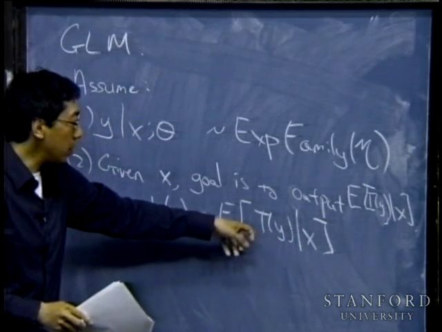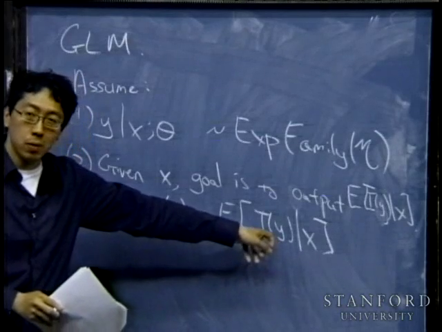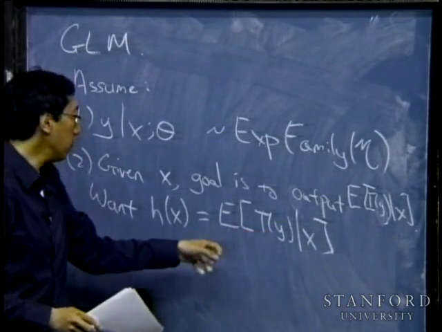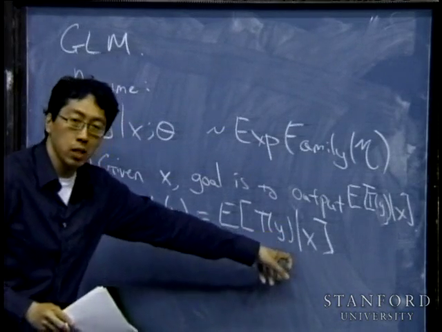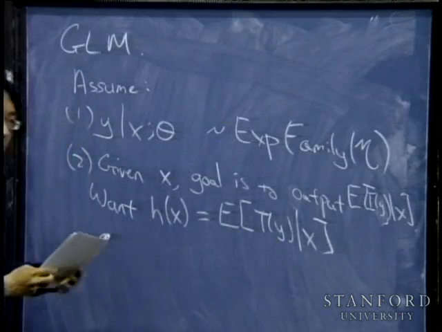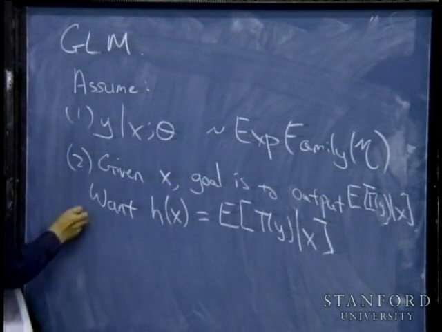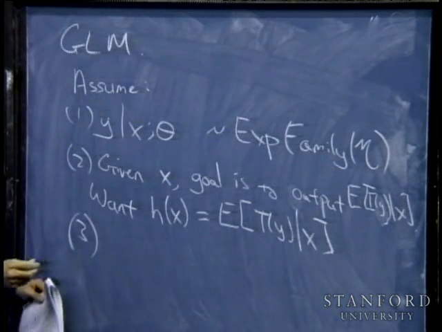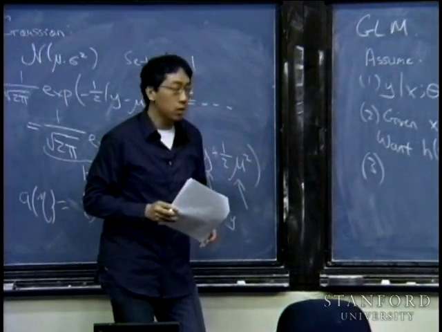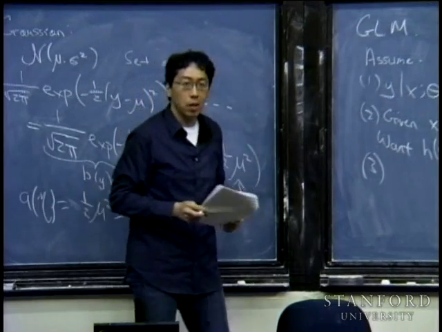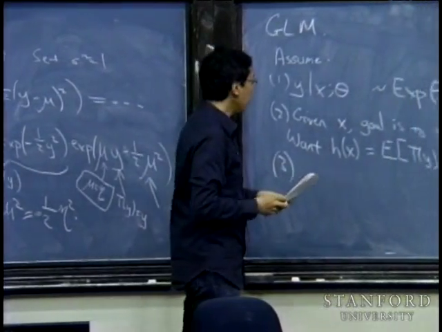But again, for most of the examples, t of y is just equal to y. And so for most of the examples, our goal is to get our learning algorithm to output the expected value of y given x, because t of y is usually equal to y. Oh yes, same thing, right. T of y is a sufficient statistic. Same t of y.